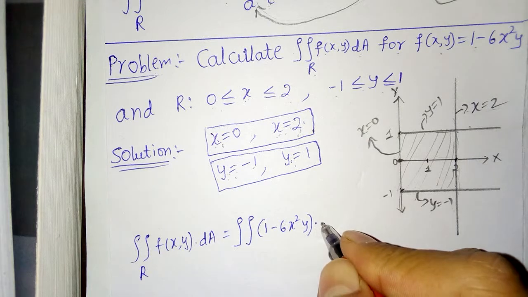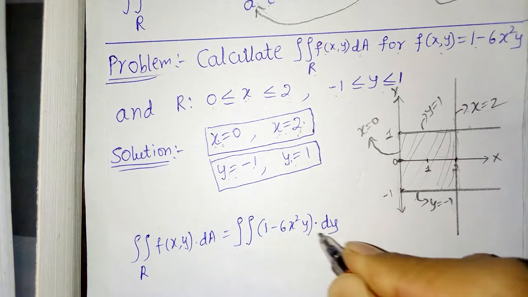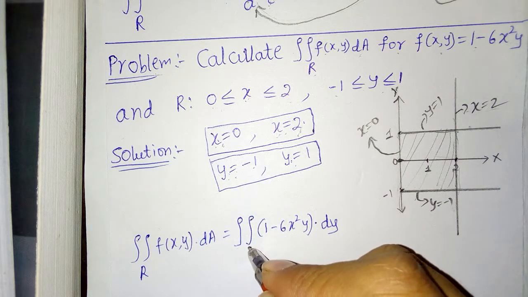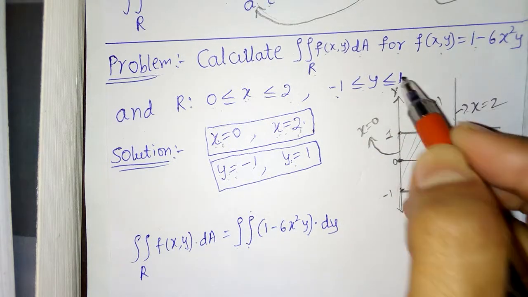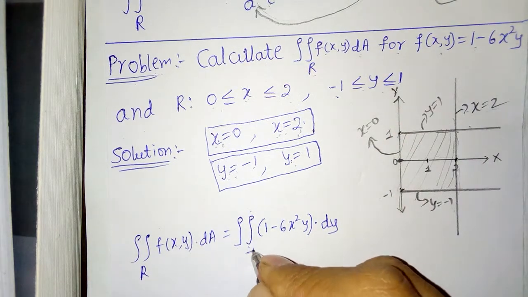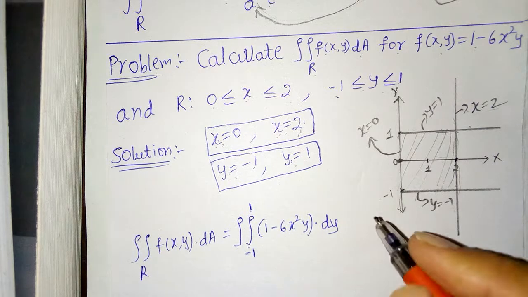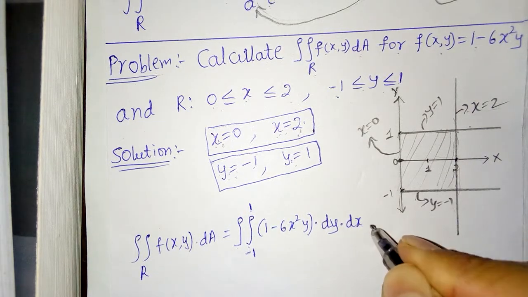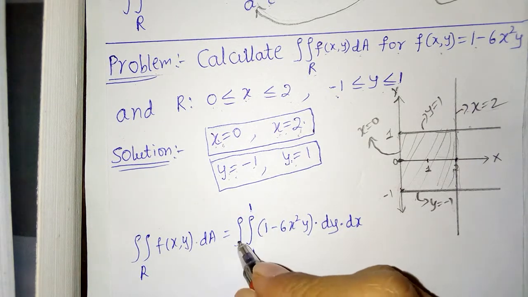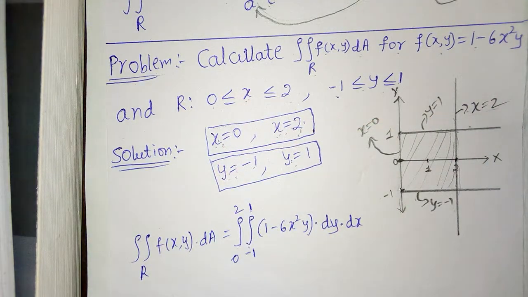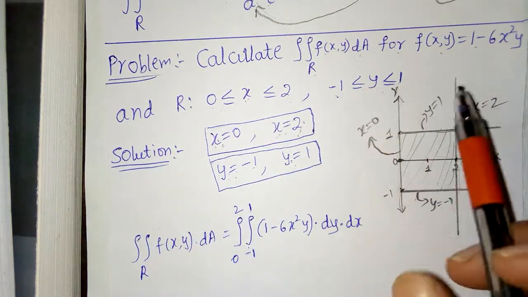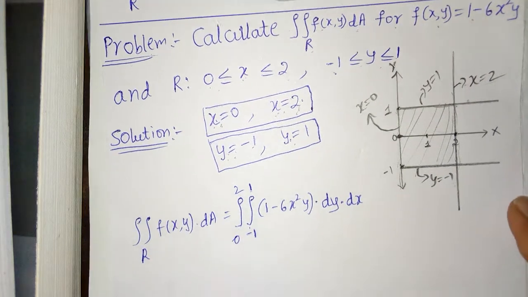If we write dy first, then we write the limits of y, which they gave, minus 1 to plus 1. Then we write dx with the limits of x from 0 to 2. This is the required integral equation. Now we have to find this value.